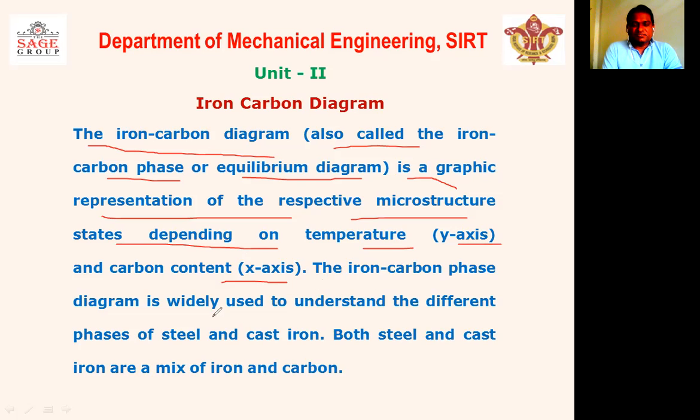The iron carbon phase diagram is widely used to understand the different phases of steel and cast iron. From the iron carbon diagram, we will get steel and cast iron.